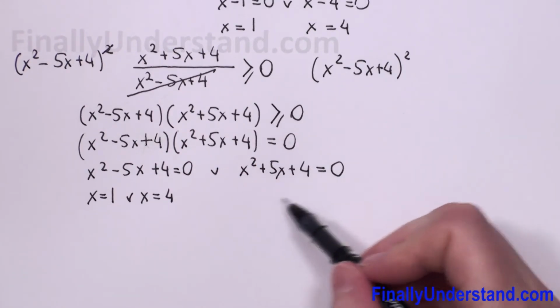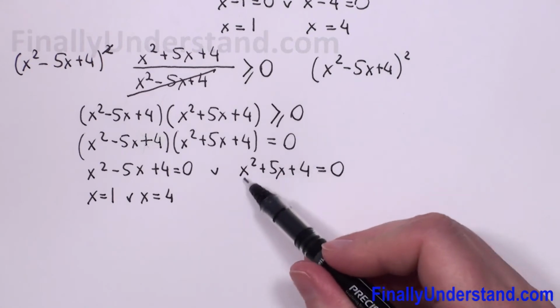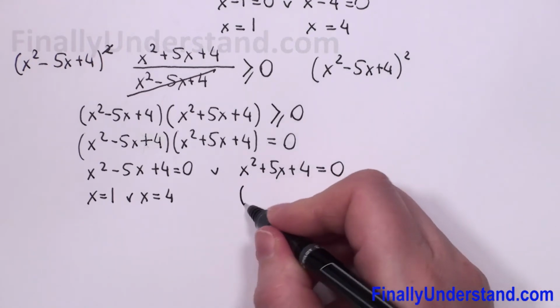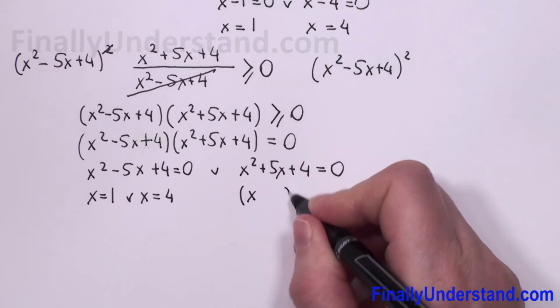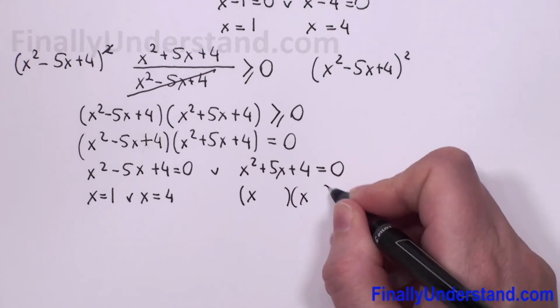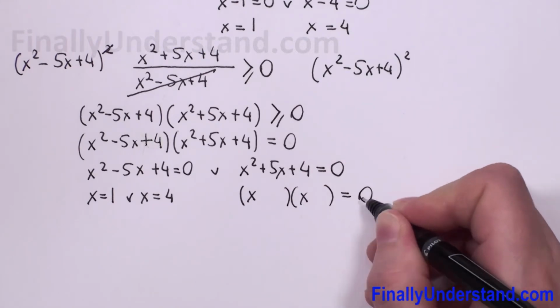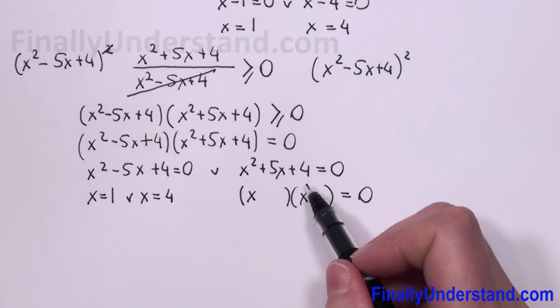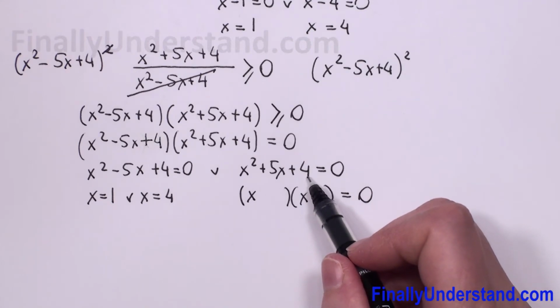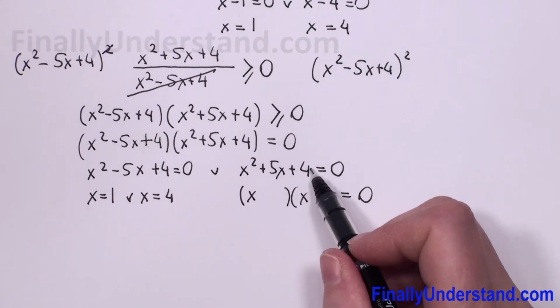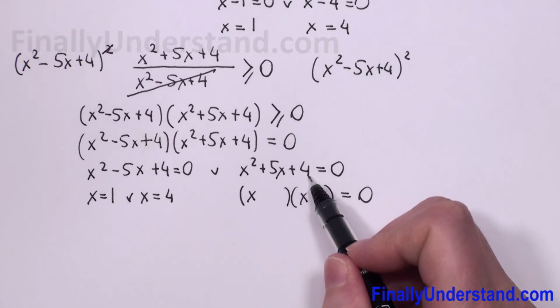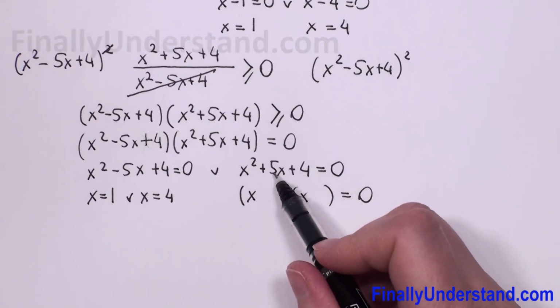And we can factor this expression: x squared plus 5x plus 4 equals 0. We have to find two numbers which multiplied by each other give me 4, and when I add them I will have positive 5.